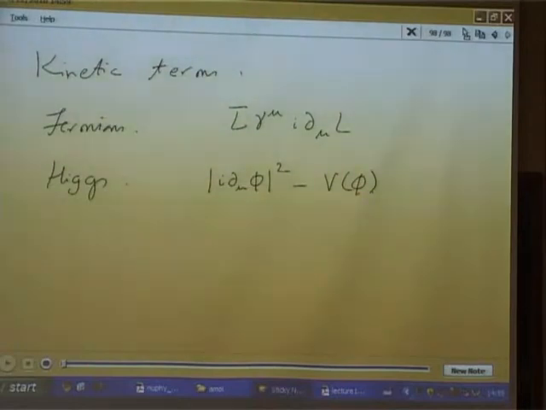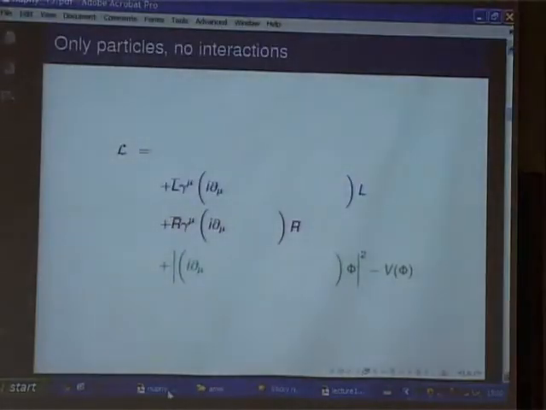Tomorrow we will start using all these notations much faster. Right now let's not talk about the gauge terms; we'll introduce them slowly. This is what we have currently.